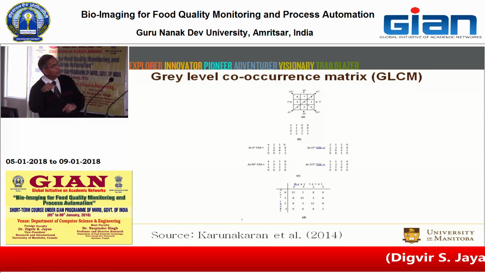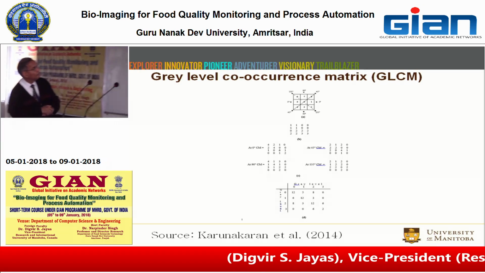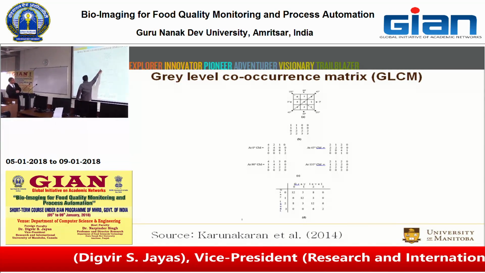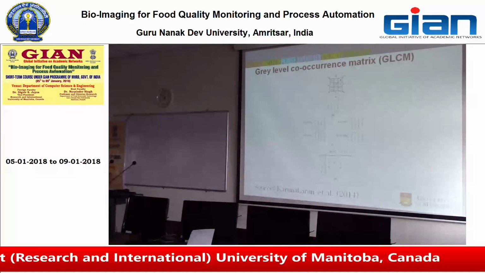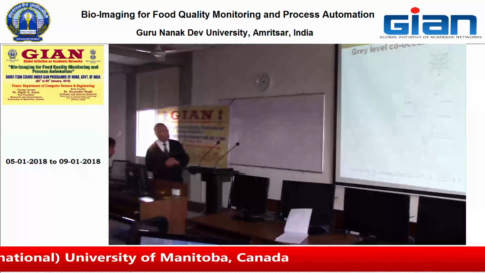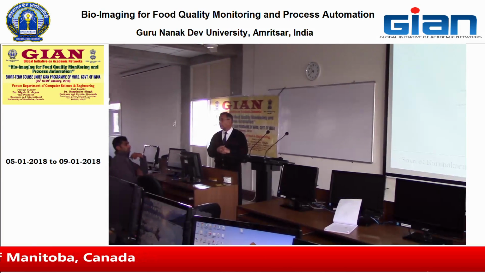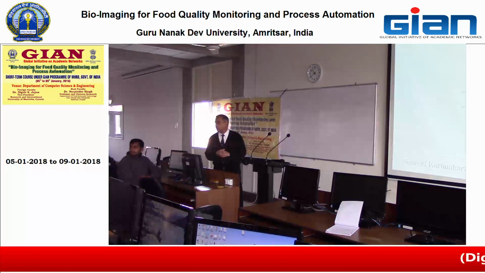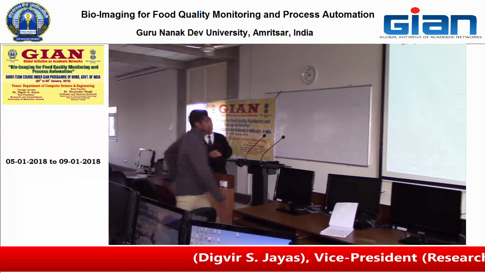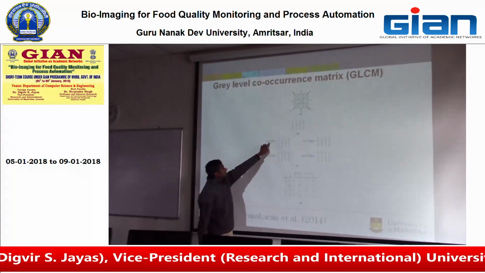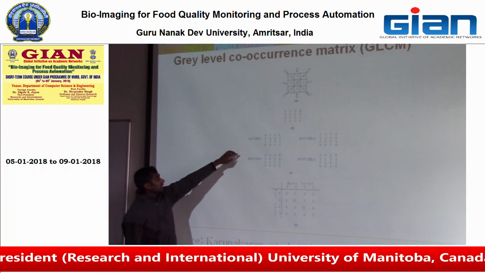So at 0 degrees, in this particular case, you are looking at the first column, or you are looking at the distribution of gray levels. In this case, gray level values are 0, 1. As you can see, the image only has gray levels going from 0 to 3, so there are only 4 gray level values: 0, 1, 2, and 3.